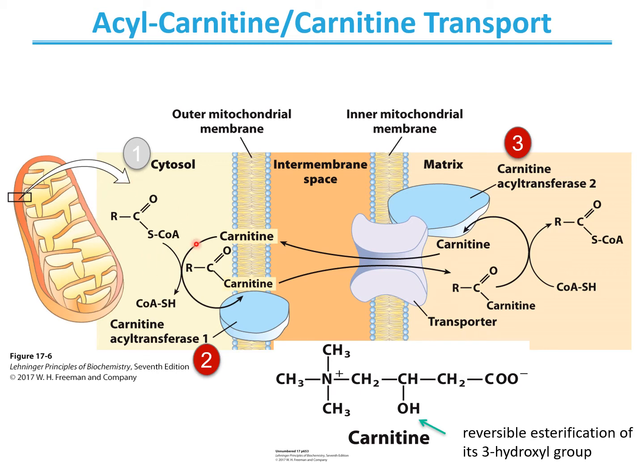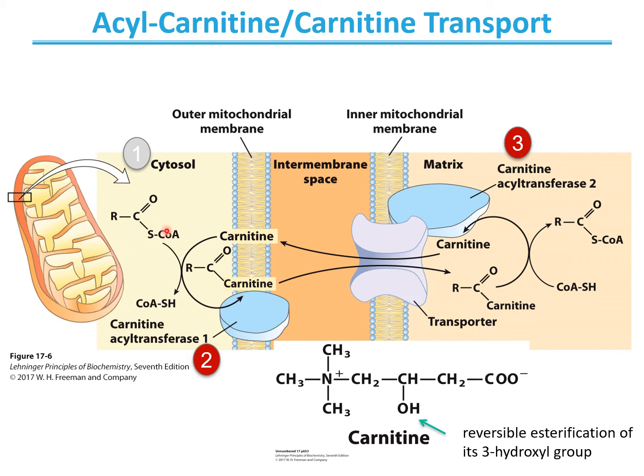But under conditions of low blood glucose, when the system needs energy, this activated fatty acid can go inside the mitochondrion for beta oxidation. So this molecule can be used in the cytosol for anabolic reactions or for catabolic reactions in the mitochondrion.